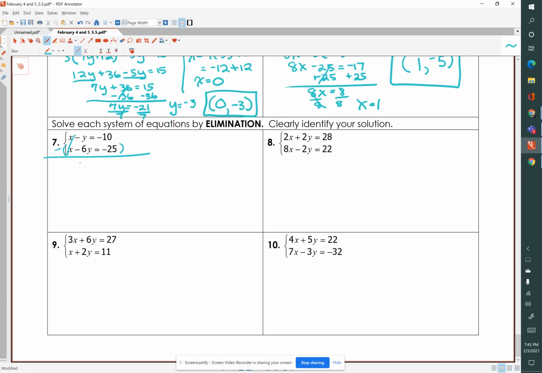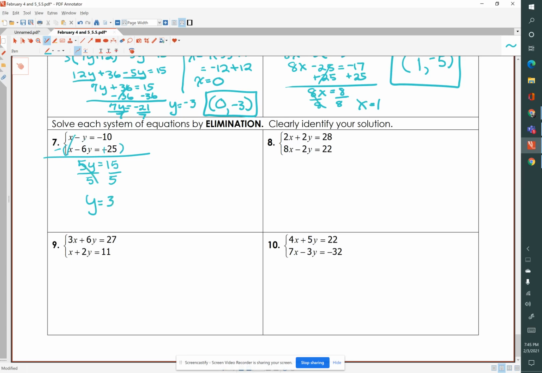So it's negative 1 plus 6, which is 5y. And negative 10 minus negative 25 is negative 10 plus 25. So negative 10 plus 25 is 15. I divide both sides by 5, and y equals 3.